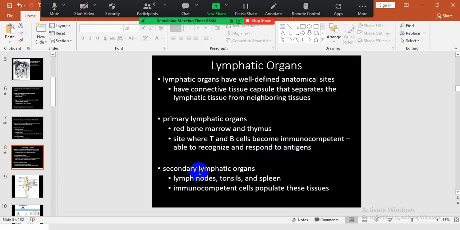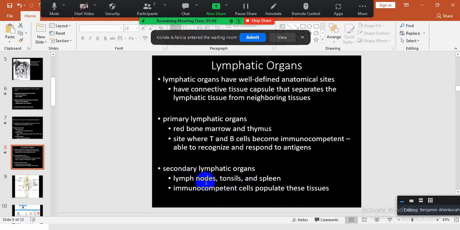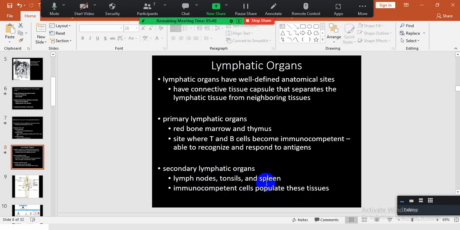So secondary lymphatic organs, they are what? The lymph nodes, the tonsils, the spleen, and immunocompetent T cells and B cells populate these tissues. So the lymph nodes, the tonsils, and the spleen are what?